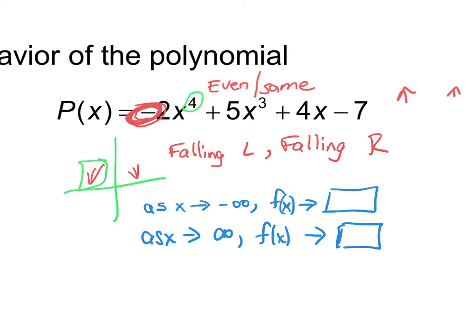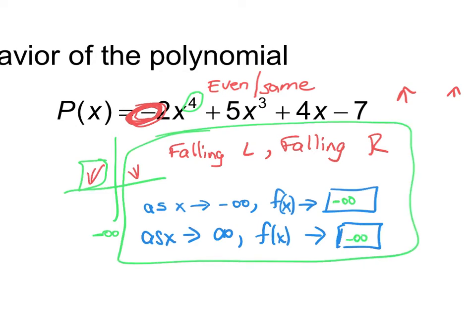What infinity on the y-axis is down here? Negative infinity. On the right-hand side, the arrow is going in which direction? Down. Which infinity on the y-axis is down? Negative infinity. So there's your answer for your end behaviors.